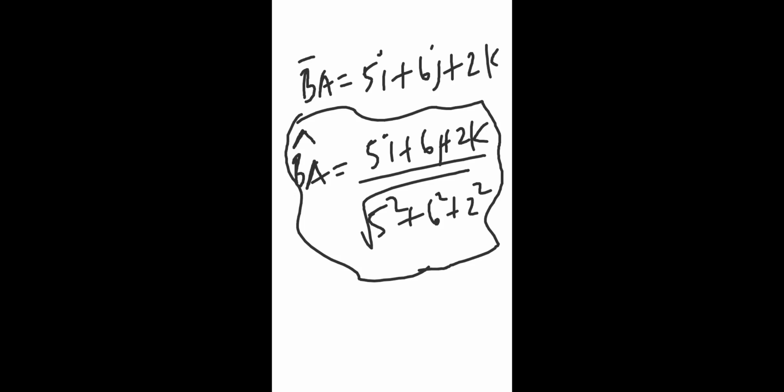So what is the idea here? In case of this one, say q1 and q2, they are writing it as F modulus and r cap, the unit vector direction.